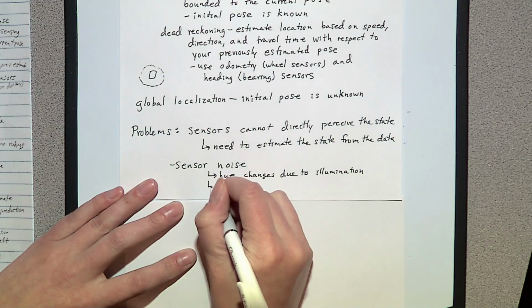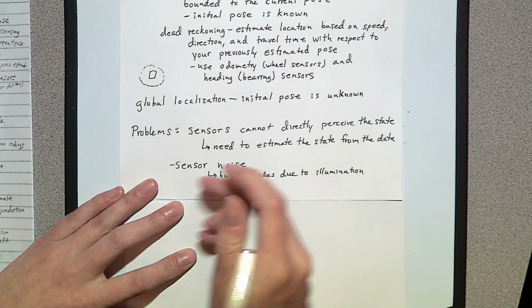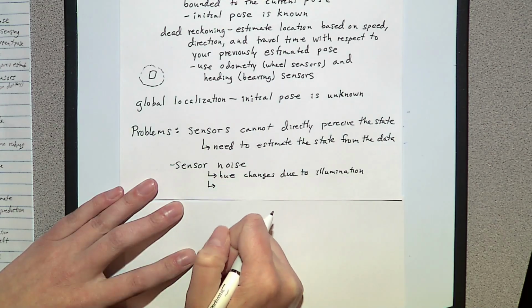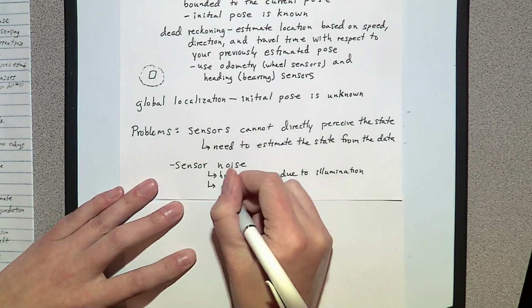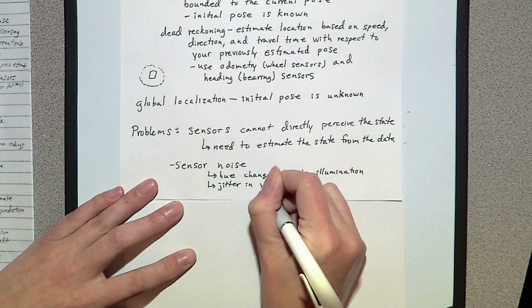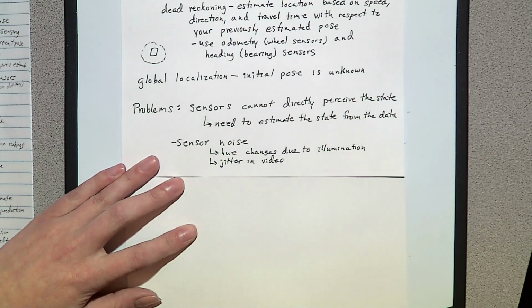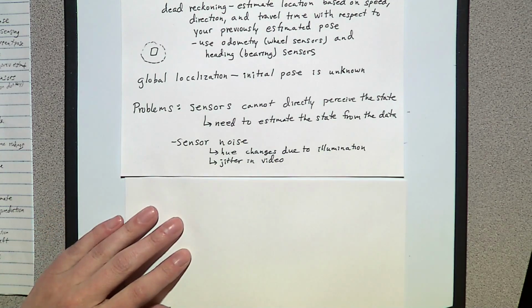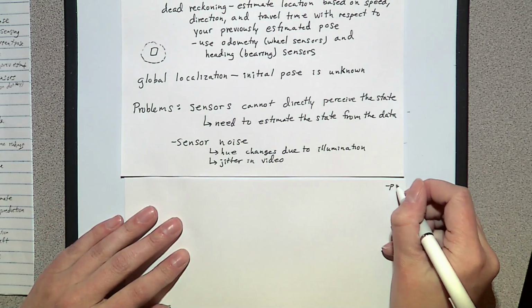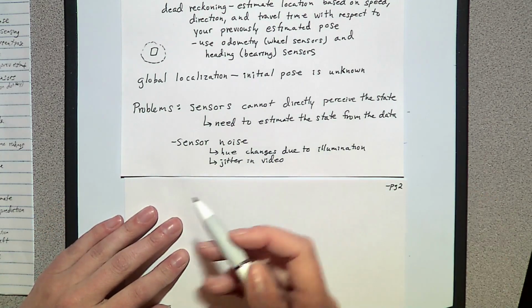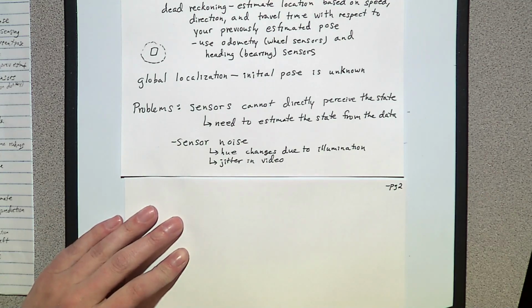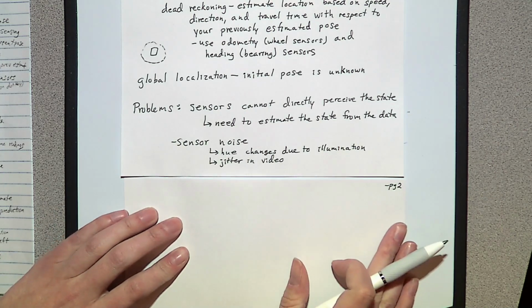If you have something like a camera where you're trying to do some kind of motion analysis, well, there's a chance that you could have jitter in your video feed. So if there's some vibration in your mobile base, and that translates to the camera, then you have this extra motion that you're detecting, which is not what you're actually interested in.